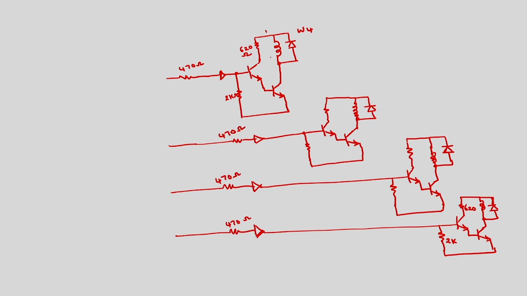This one is winding W4. This is W3. This is 620 ohms, 2 kilo ohms. These points will be grounded.